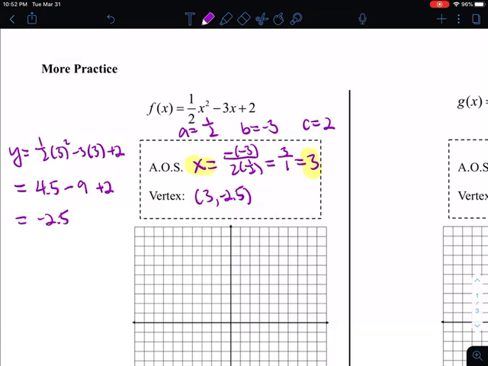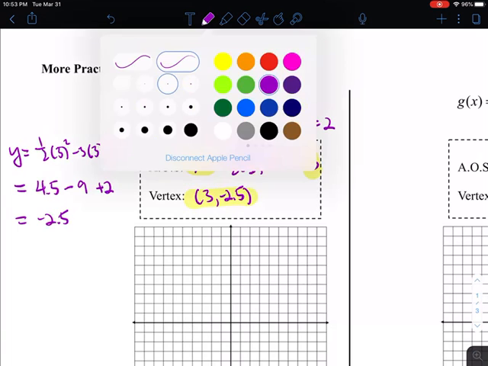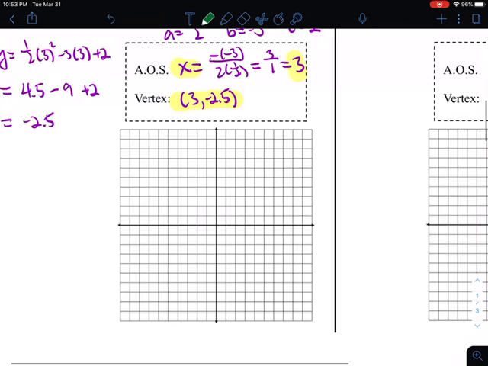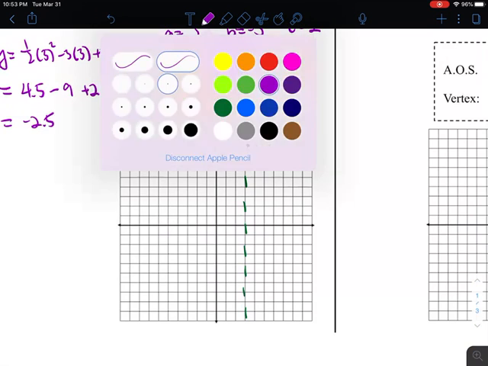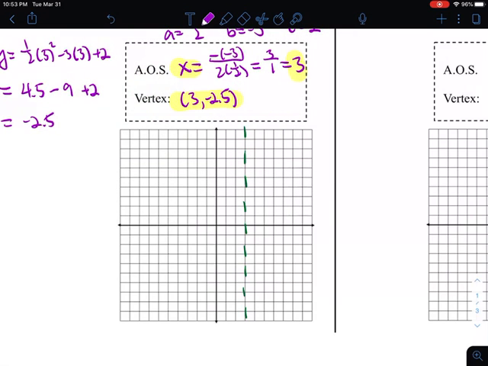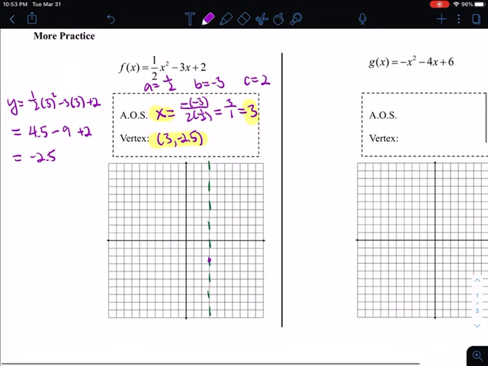So there's my vertex. And then let's go ahead and graph everything. So x equals 3 is my axis of symmetry. There it is. And then my vertex is 3, negative 2.5. So right about there.